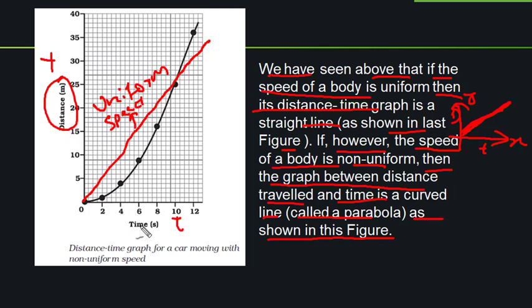A distance-time graph which has a straight line is called a uniform speed graph, and if the distance-time graph is a curve, this is called non-uniform. We have seen in the last slide 1 meter, 3 meter, 5 meter for every 2 seconds. So in non-uniform motion you travel unequal distances in equal intervals of time, but in uniform motion you travel equal distances in equal intervals of time.